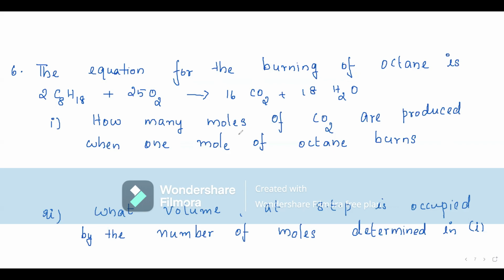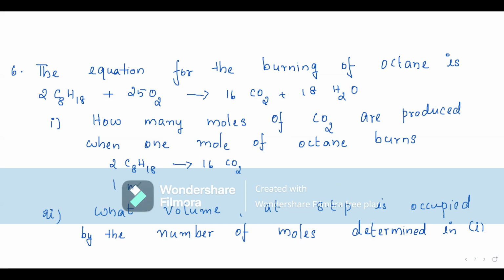Question is, how many moles of carbon dioxide are produced when 1 mole of octane burns? To solve this, you just need to look at the balanced equation. As per the balanced equation, 2 moles of octane requires 16 moles of carbon dioxide.